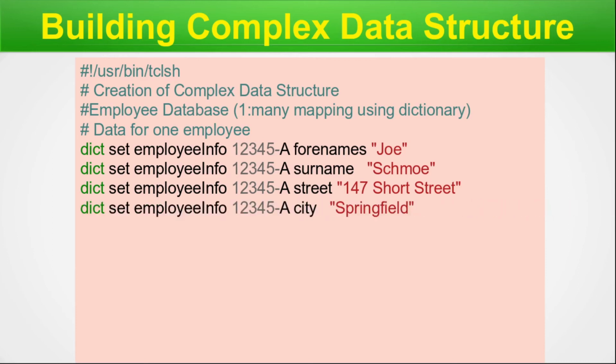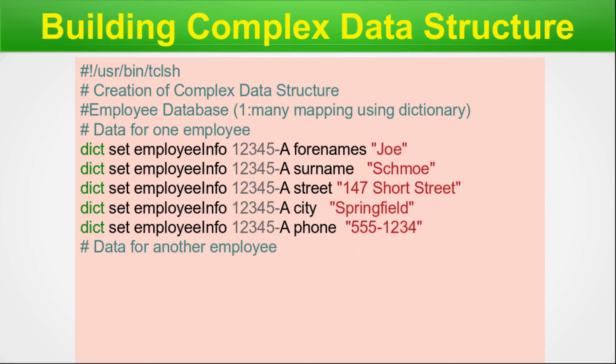This way we define the city, and this way we define the phone number. Here we are done with the first employee. So in the data structure you can see how many levels of hierarchy we are going down for one particular key. For the particular key 12345-A employee code, we are saving forename, surname, street, city, and phone. So there is another level down. Forename is mapped with the value Joe, surname is Moy, and street is Short Street.